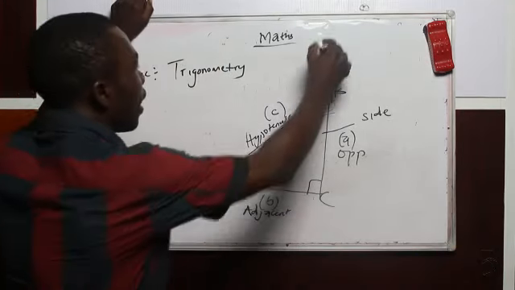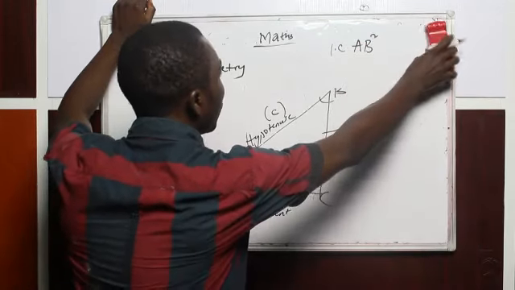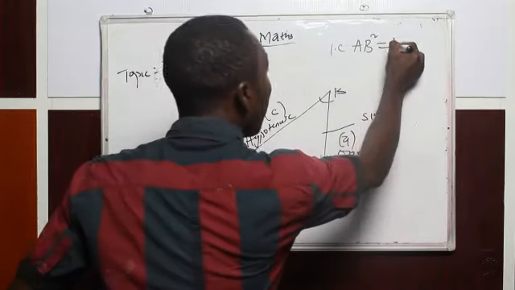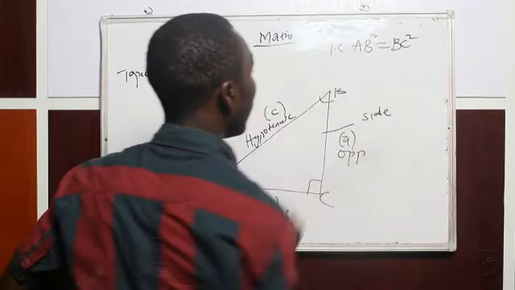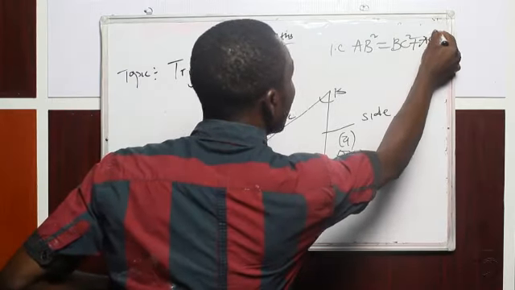That is, AB square is equal to the sum of BC square plus AC square.